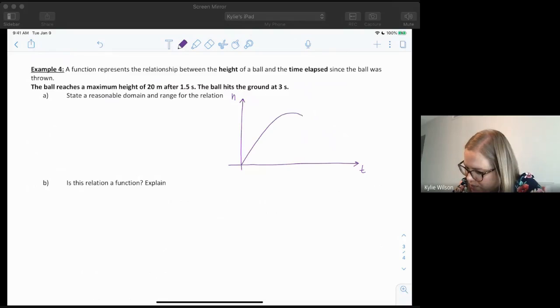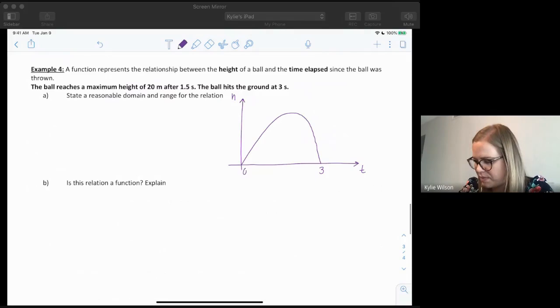It's kicked, goes up in the air, and comes back down to the ground. And when it hits the ground, it's been 3 seconds. And it reaches a maximum height of 20 meters. And that happens at 1.5 seconds.